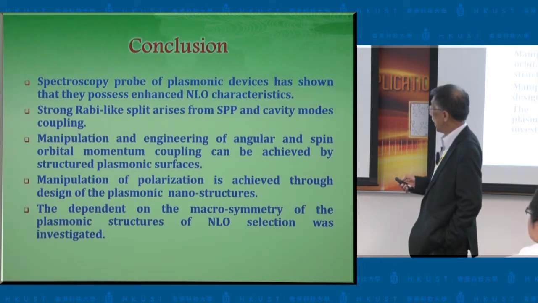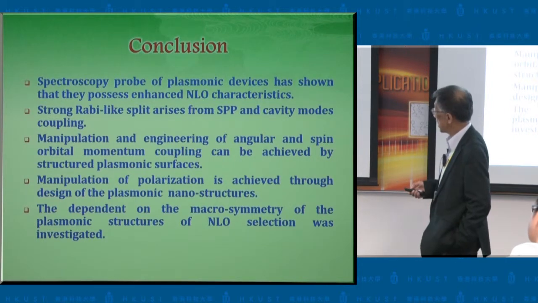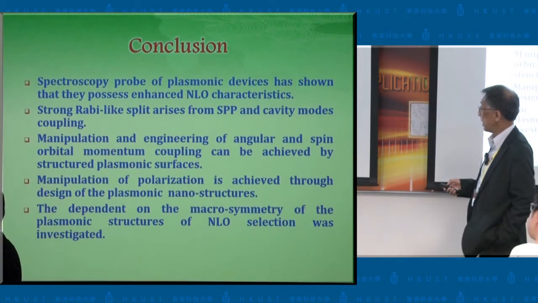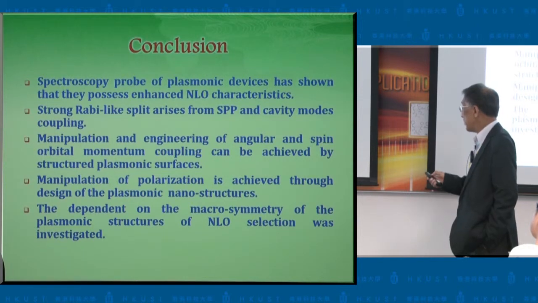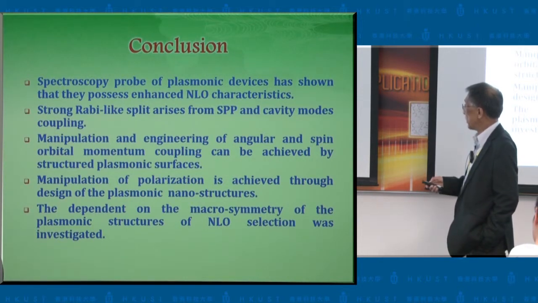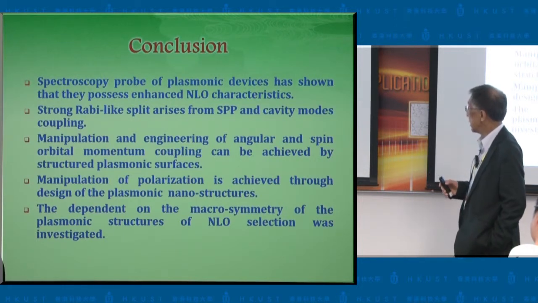Both of them are possible and still require more refining, fine-tuning and optimization, but nevertheless it shows that we can manipulate and engineer the polarization through surface structures, designing the desired spin orbit coupling and manipulation of the polarization.